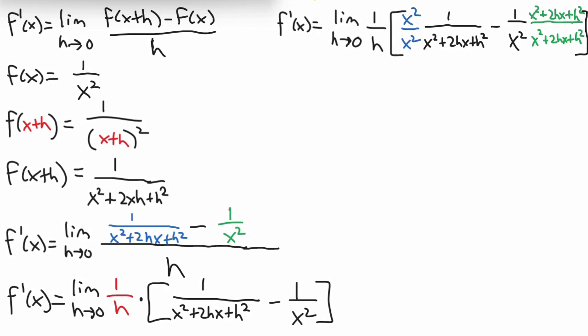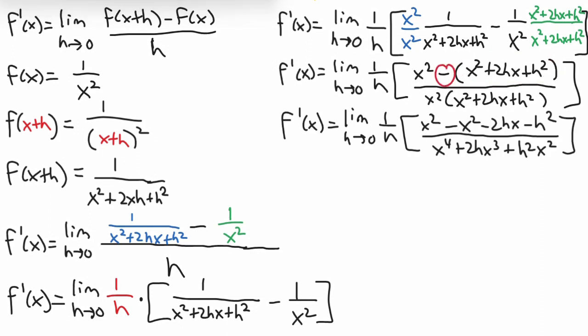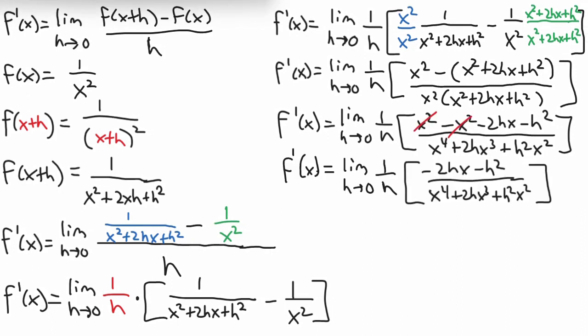Now that they have a common denominator, let's just write both of them over one denominator. I put the numerator for the second fraction in parentheses because we're subtracting the whole numerator. After multiplying the negative through the parentheses and the x squared through the parentheses in the denominator, we get this. The x squareds cancel. Simplifying, we get this.